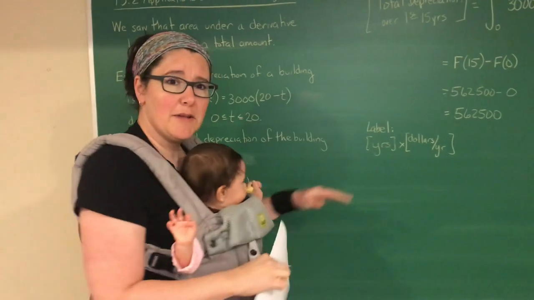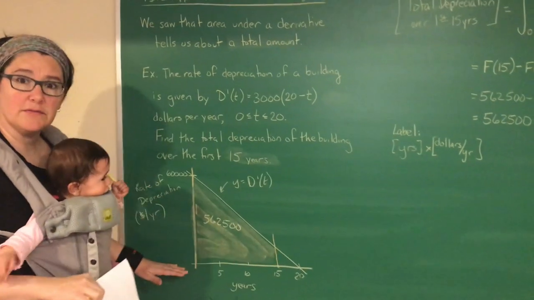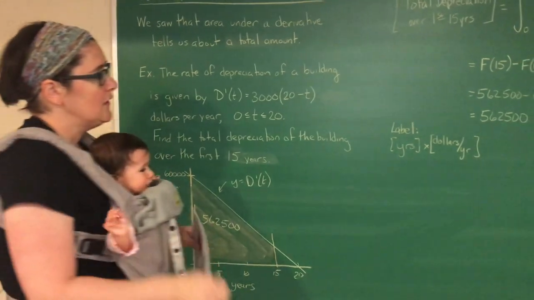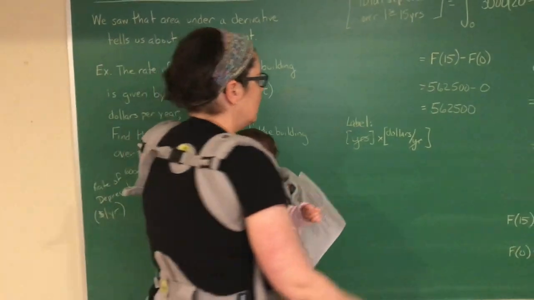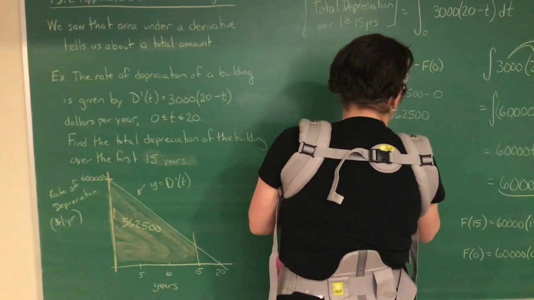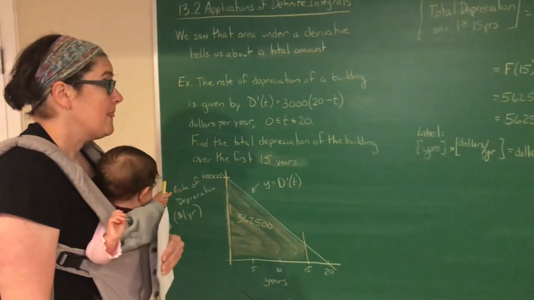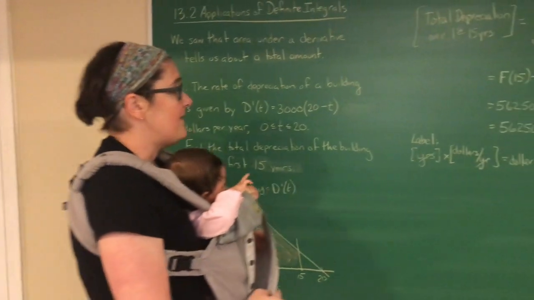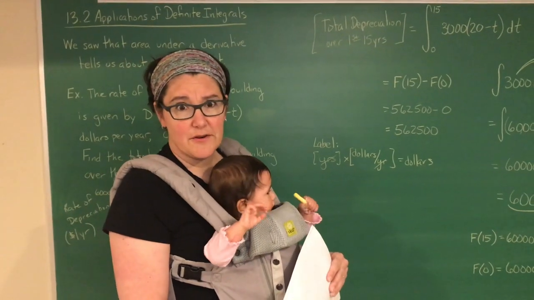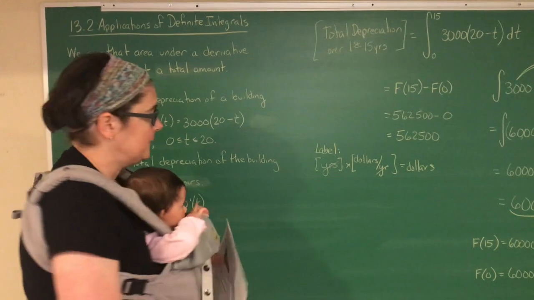And if I multiply these labels together, the base times the height, the X label times the Y label, then the years cancel, and I'm left with dollars. And so what this tells me is that this building has depreciated by $562,500 during the first 15 years that it had been built.